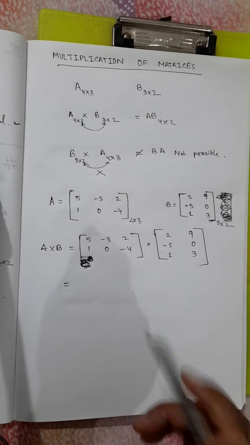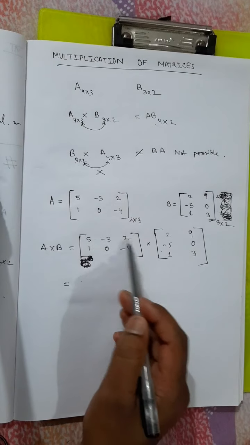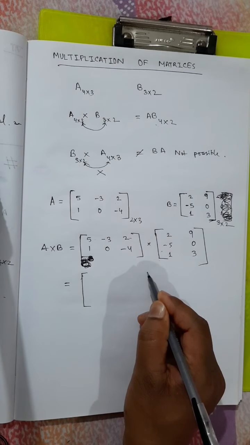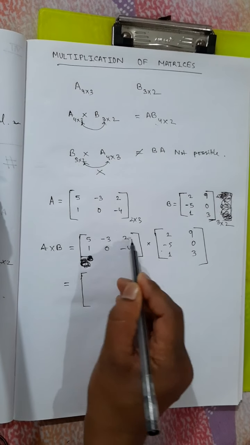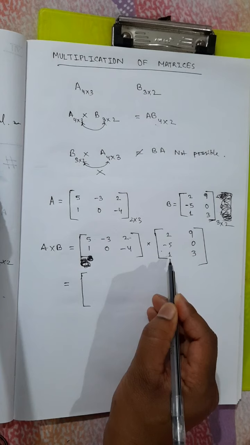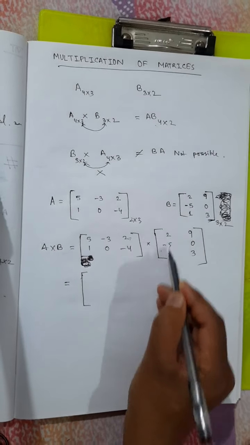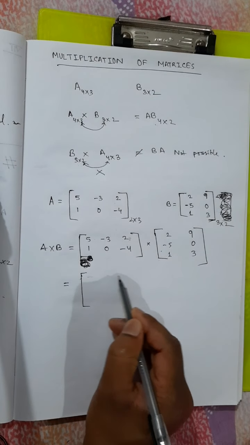So I have written the two matrices. Now from the first row of the first matrix I'll get the first row of the product. The multiplication is done like this: row into column, row into column. First row into first column will give me the first element of this matrix.